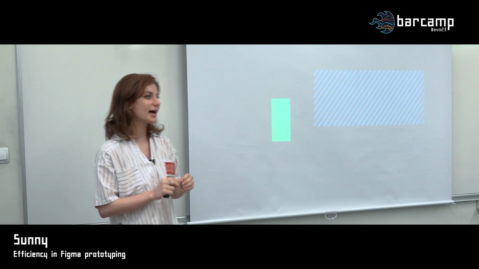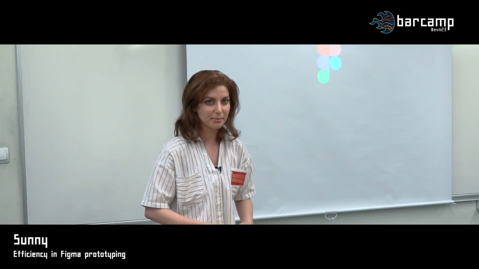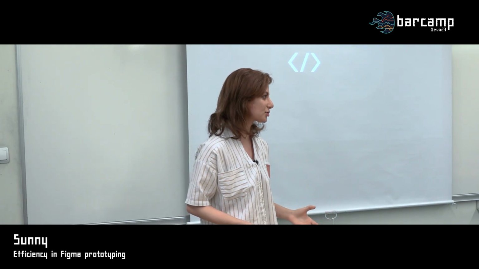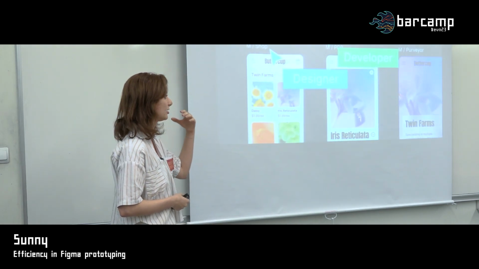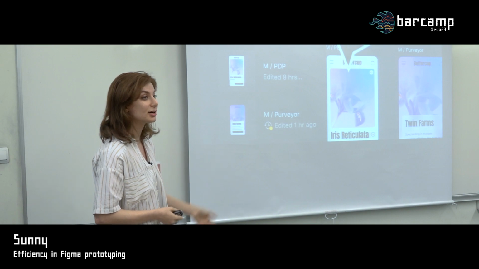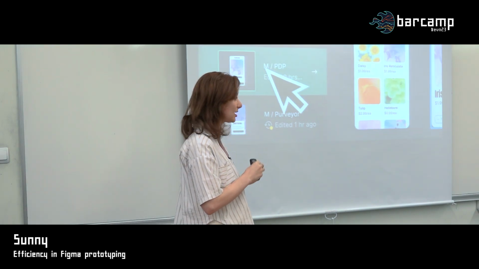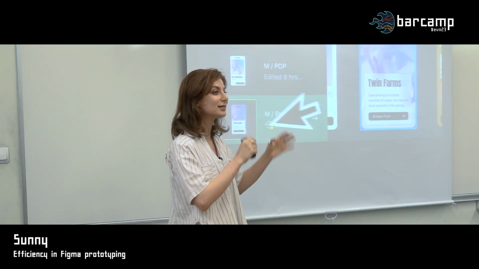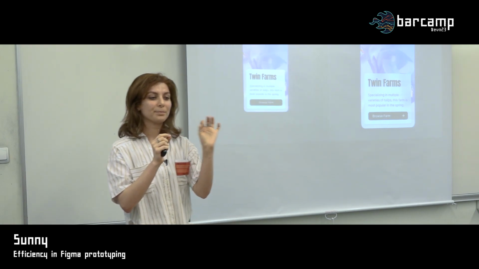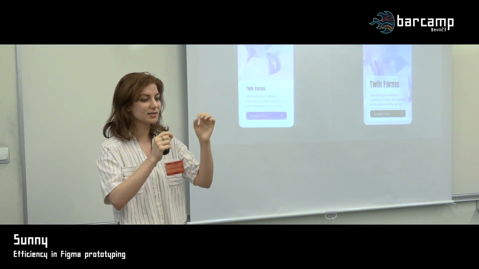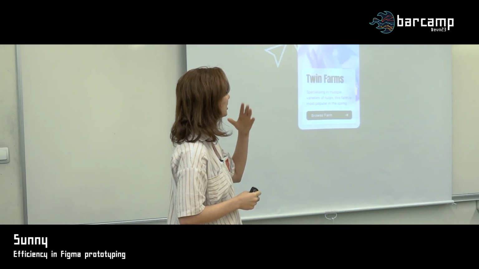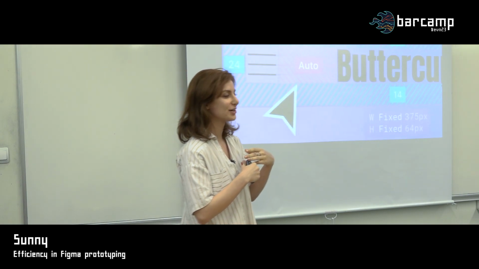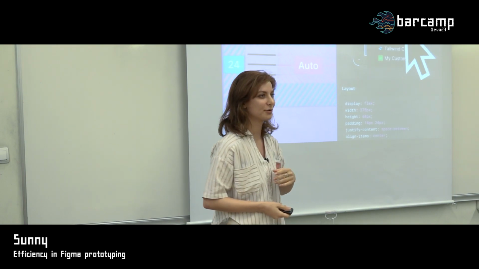But here you can actually look at one frame and see if it has changes or not. And if it has changes, you can work on it. The edit button is there, so you can see that it has been edited. You don't need to go through every component to see if it has changed. You can just see if it's been edited or not.